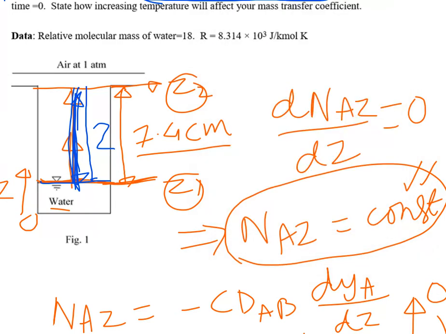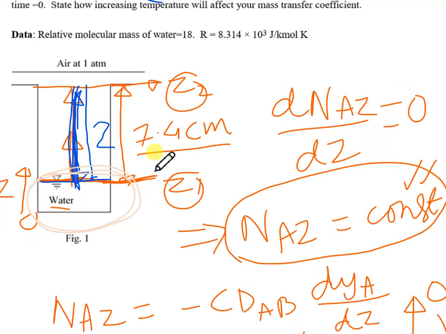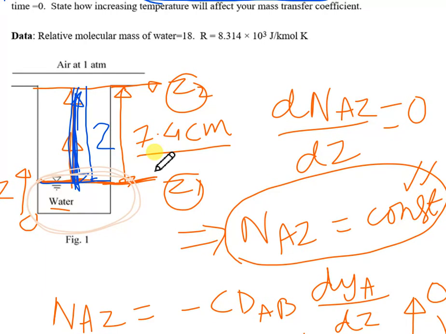So there is nothing in, only out. So out is the flux. This flux is going out, right? Flux is moles per unit area per unit time.